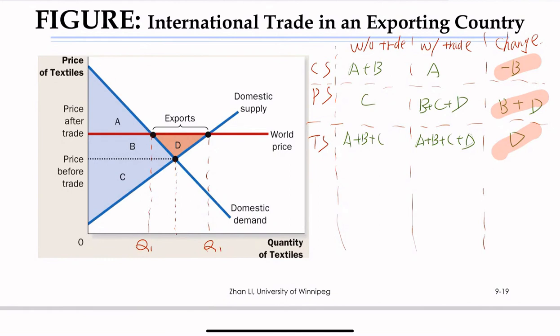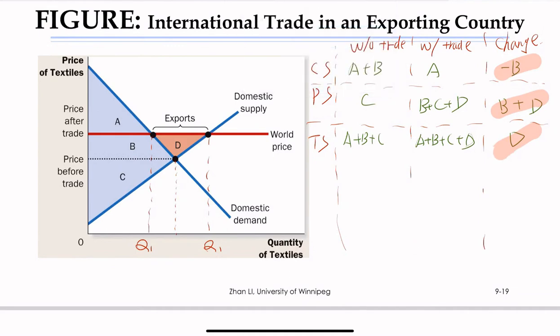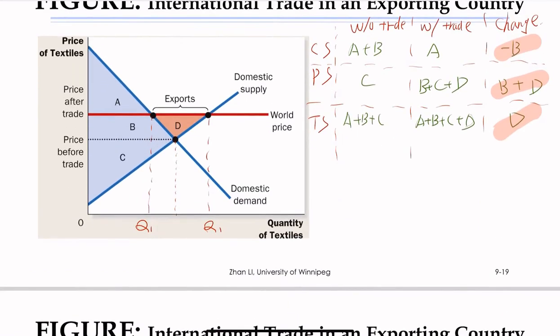So the first result is consumer surplus decreases. Now, what about producer's surplus? So producer surplus increases. What about total surplus? Total surplus increases.